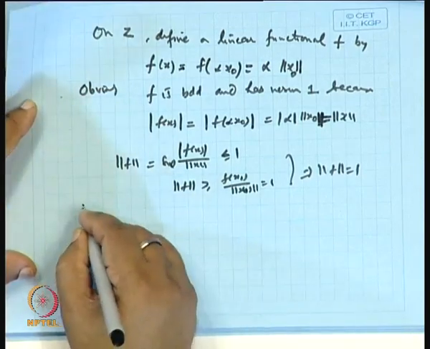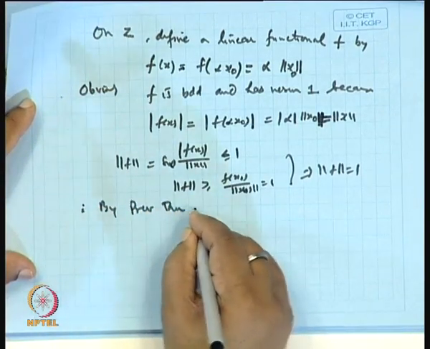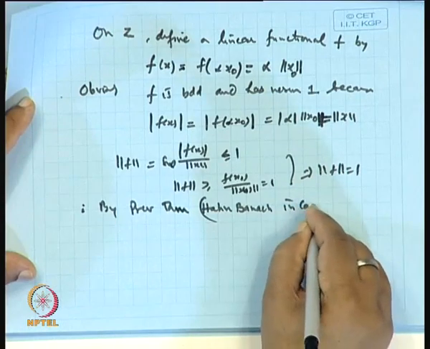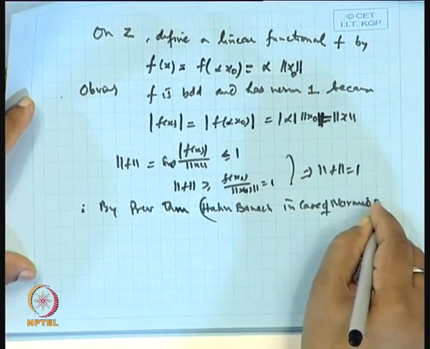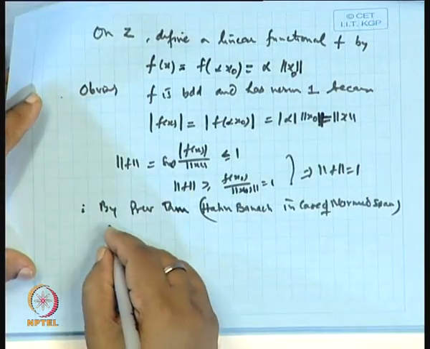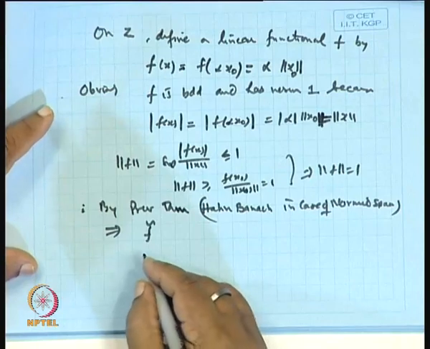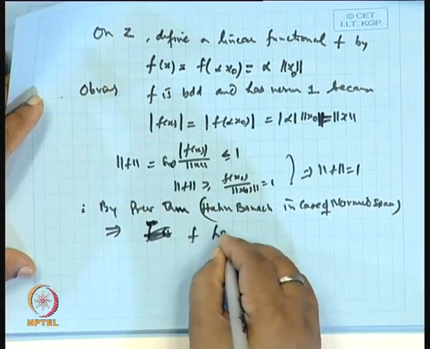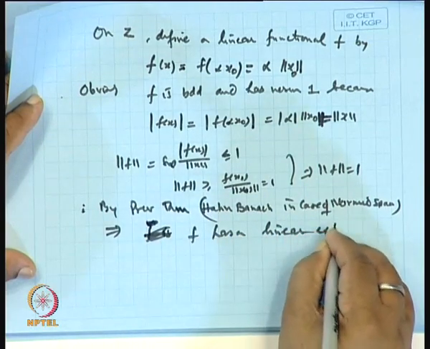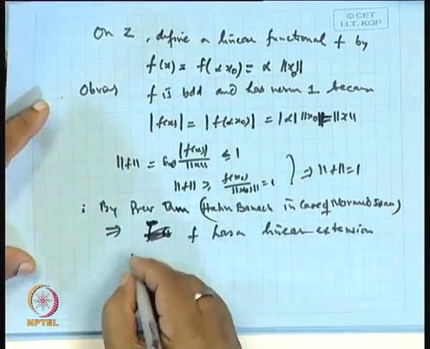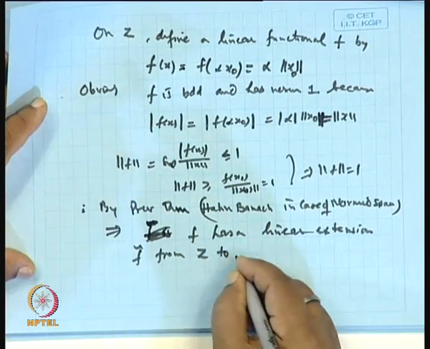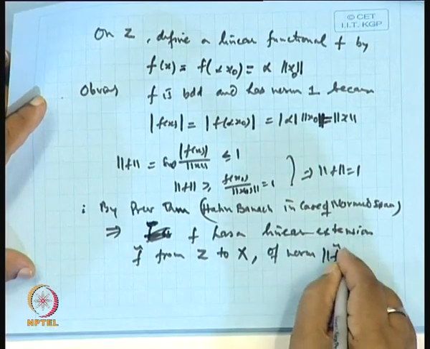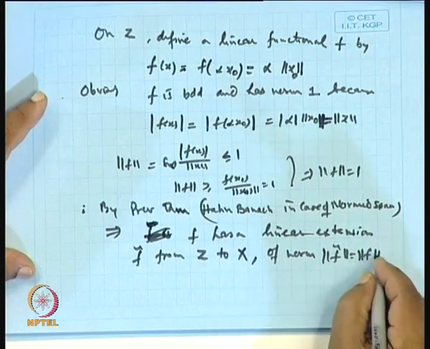Therefore, by the previous theorem, the Hahn-Banach theorem in the case of normed spaces, if we apply this theorem, then f has a linear extension f_delta from Z to X of norm the same as norm of f, which is 1.